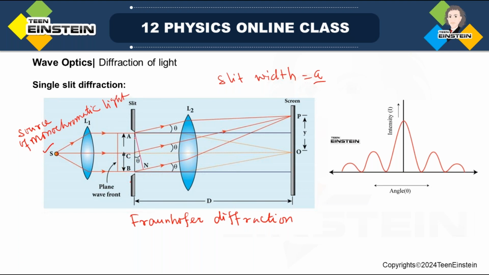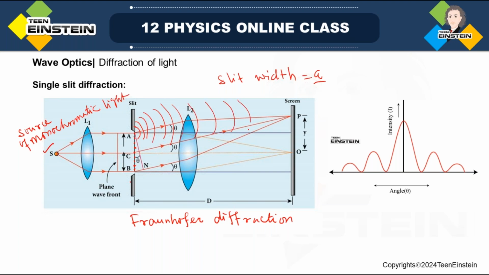Now see what happens according to Huygens' principle. Each point on the slit, or each point on the plane wavefront, will act as a secondary source, and secondary wavelets will be produced.